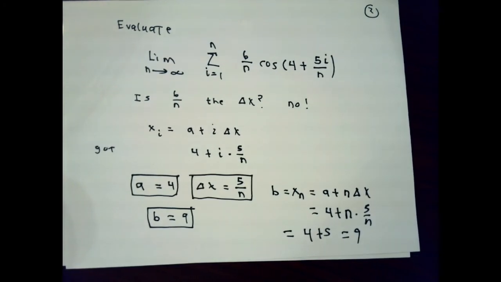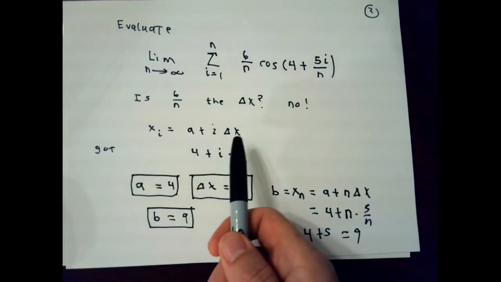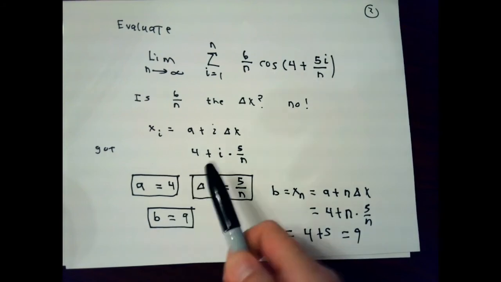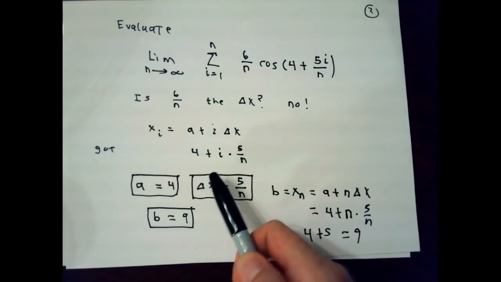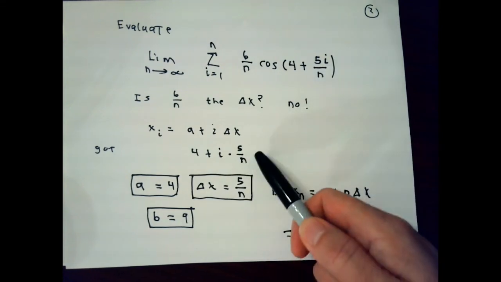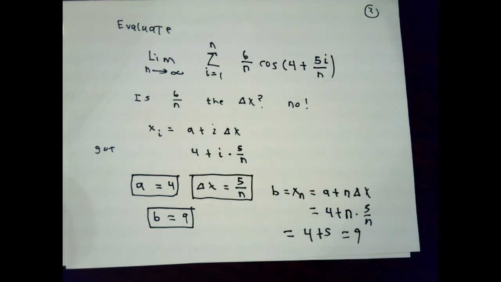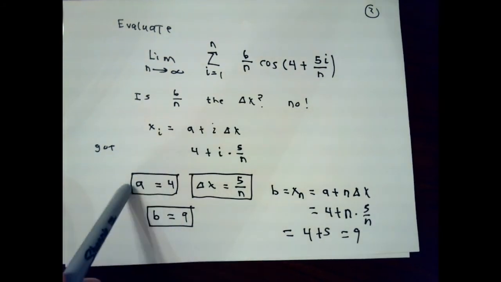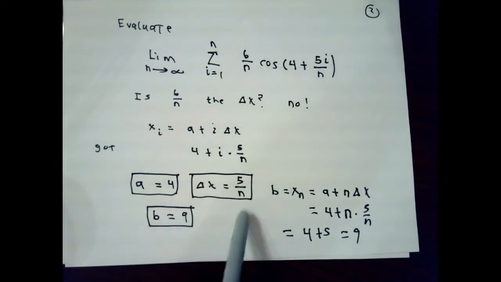If I think that way, a plus i delta x, and I look at my problem, there is a 4 plus i times 5 over n running around in it. I'm going to think of that as being the right-hand end of subinterval number i, and I'll make the identification that a needs to be 4 and delta x needs to be 5 over n.